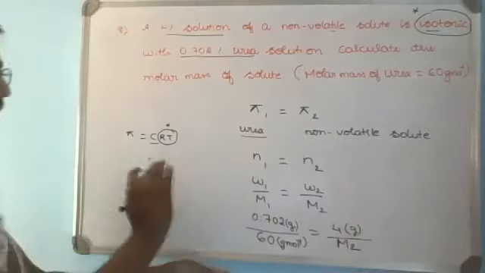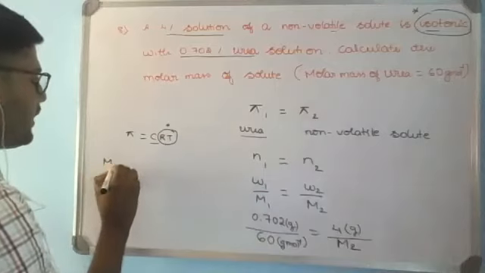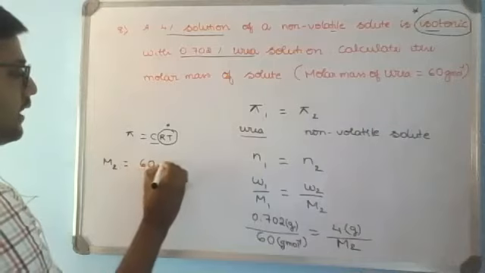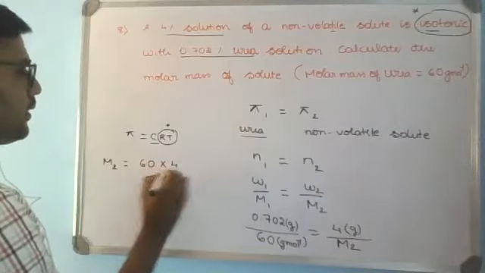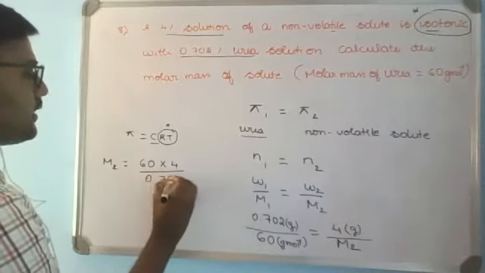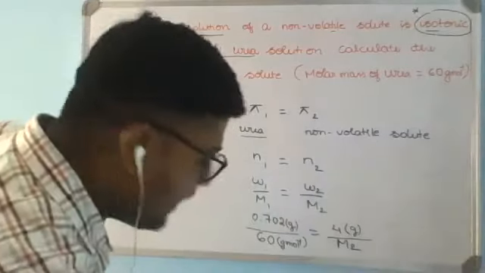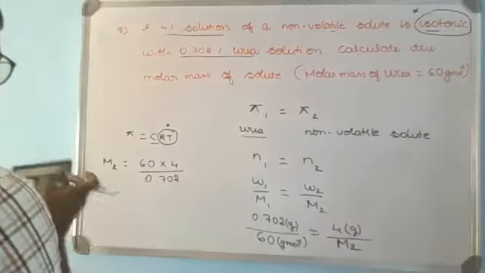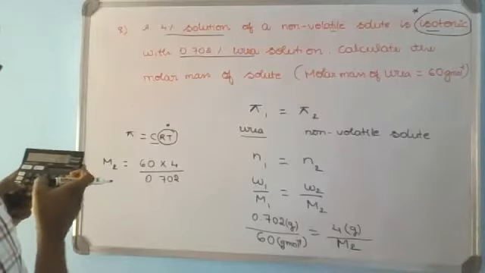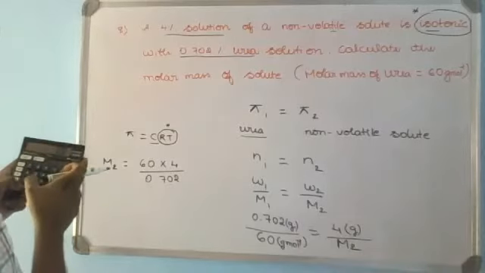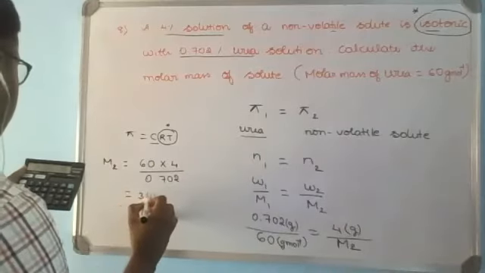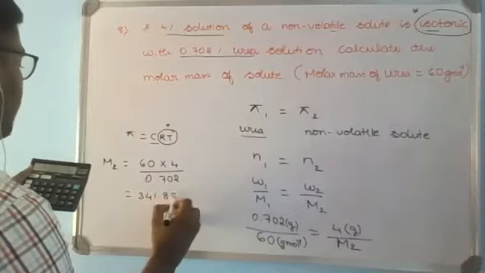Now we'll rearrange the equation to calculate M2. M2 will be equal to 60 into 4 divided by 0.702. That is 60 into 4 is 240, divided by 0.702. The answer is 341.88.